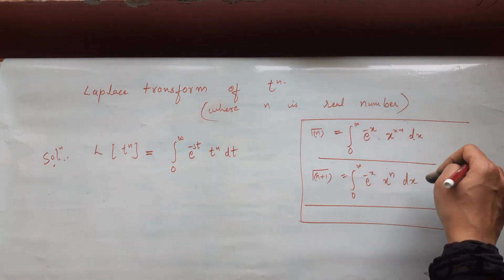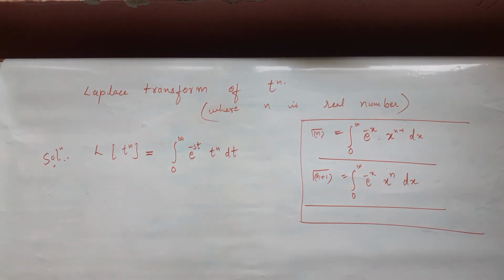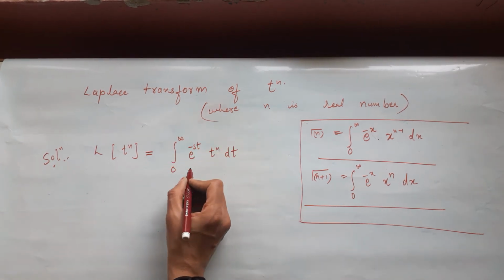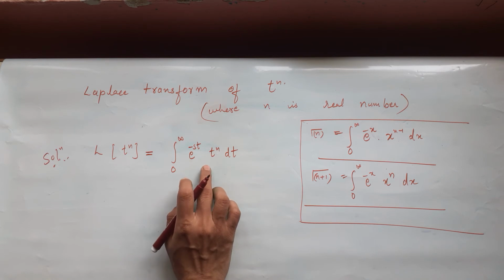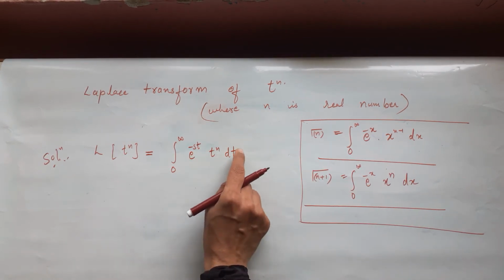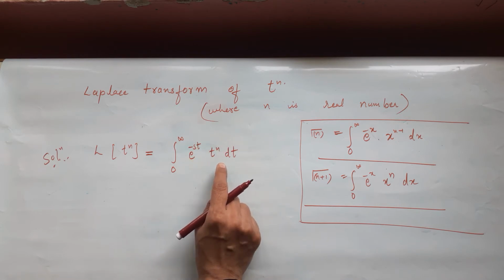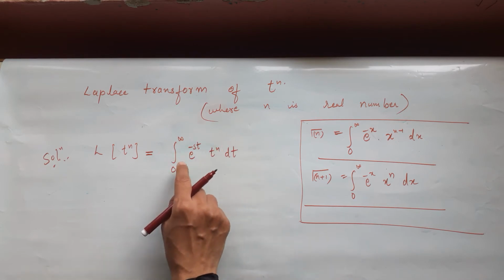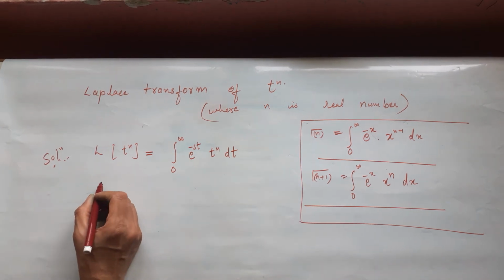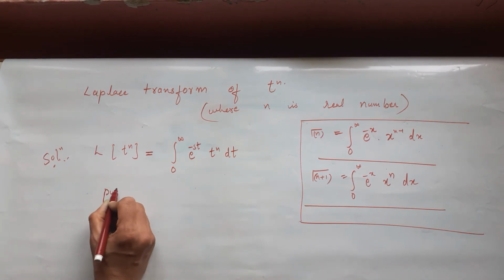You will have learnt it in the first semester. So to solve this, I have to get this into this pattern, because I do not want s over here. No doubt the entire definition is in terms of t, so let us convert it to x.